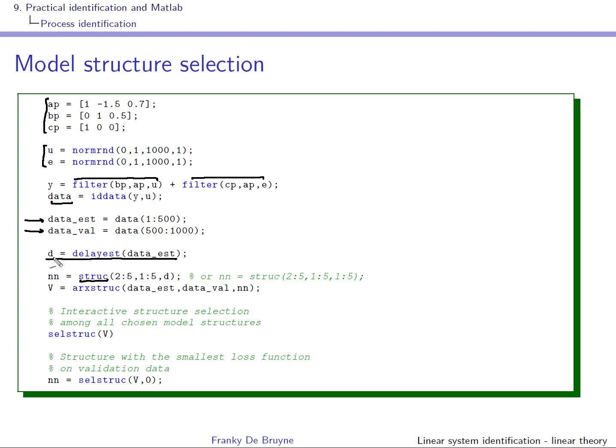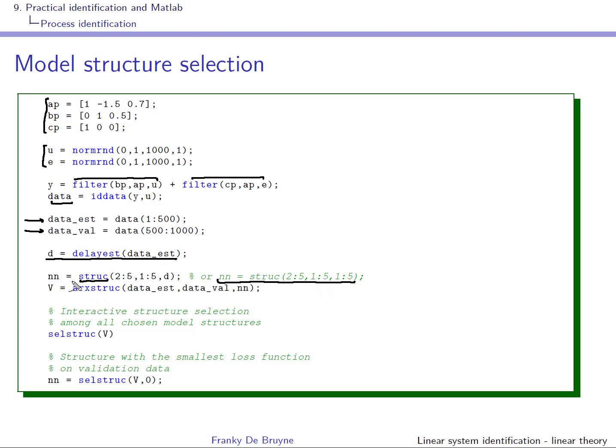An alternative to fixing the delay is to use this structure, so that you obtain your delay using arxstruc. You don't know the delay, and you say, well, it might be 1 to 5. Then you identify all those combinations of ARX models and see which one is the best on validation data.